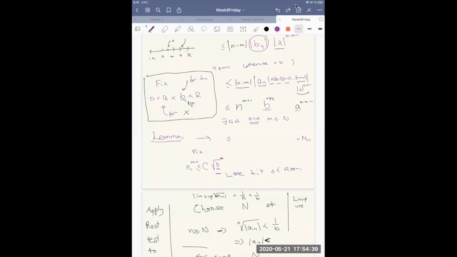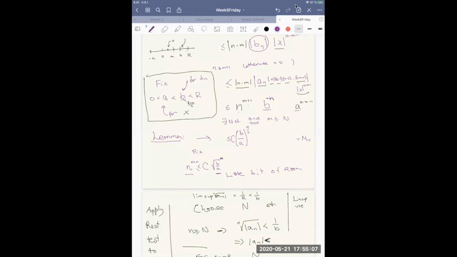So, motivated by that and our previous estimates, such as what we did on Monday, we will estimate this n to the power n plus 1 term here by a geometric thing that is absorbed by the other factor. So we'll estimate n to the n plus 1 by a constant times b over a to the power n over 2.